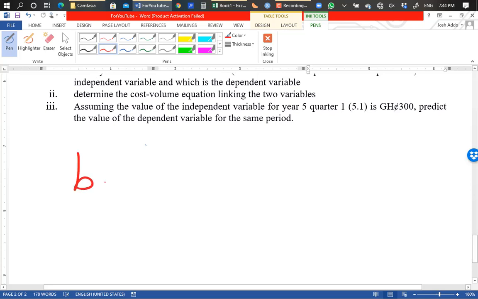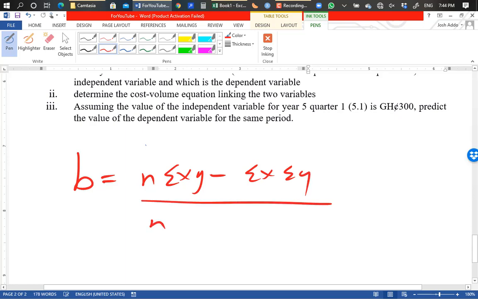B is equal to n sigma xy minus sigma x sigma y, all over n sigma x squared minus sigma x all squared.